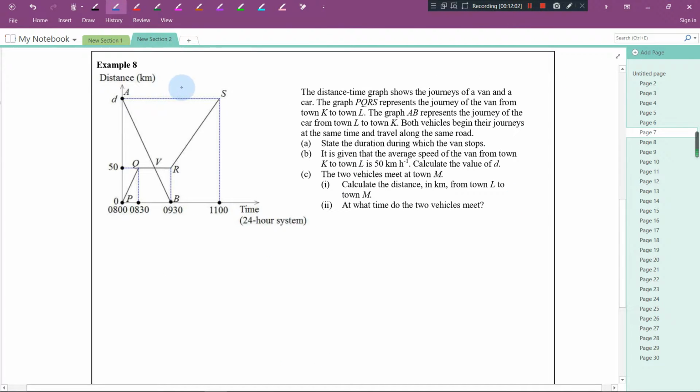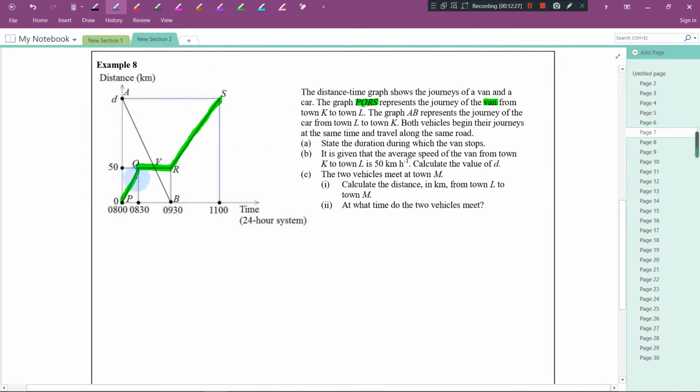Okay, let's try this example. The distance time graph shows the journey of a van and a car. The graph PQRS represents the journey of the van from town K to town L, PQRS, which is over here. So this is van.